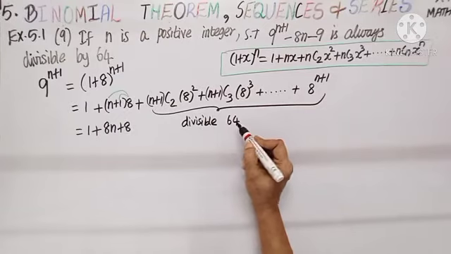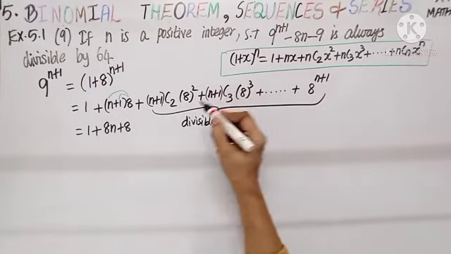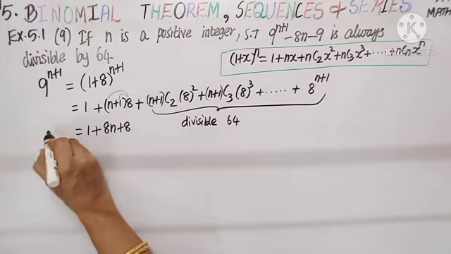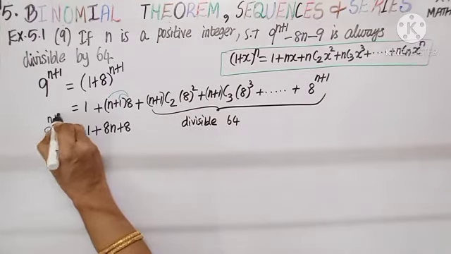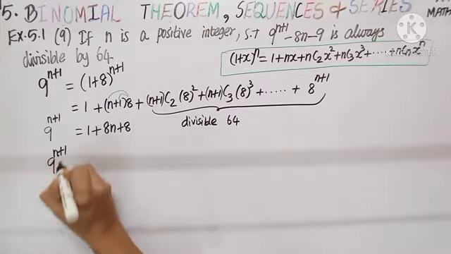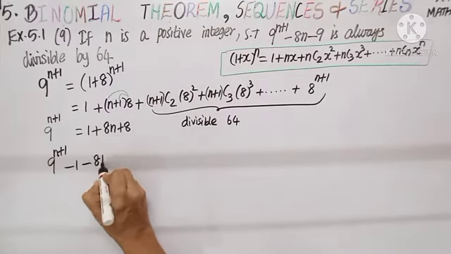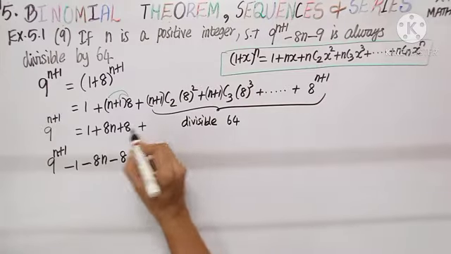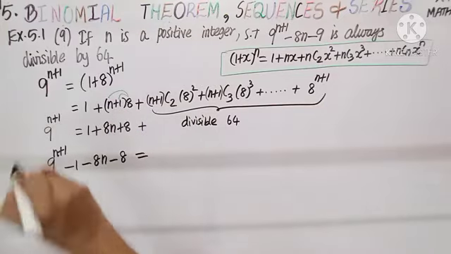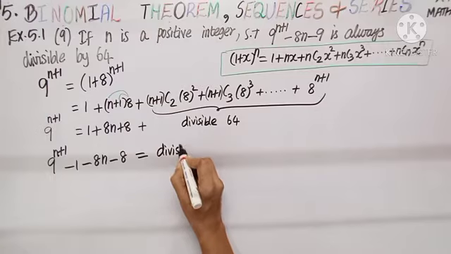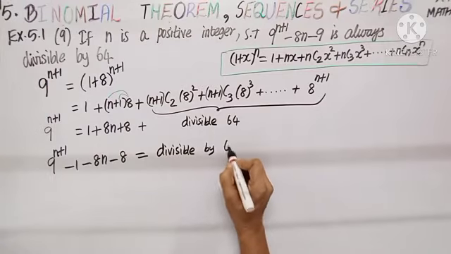Why do I say divisible by 64? Multiples of 8 square and so on. So here I have 9 power n plus 1. Bring it to the left: 9 power n plus 1 minus 1 minus 8n minus 8 equals. I have brought these terms to the left. So the remaining terms we will say are divisible by 64. Why?